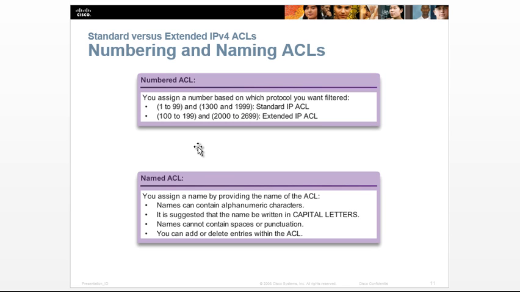Your numbers are important because the first line that the traffic matches is the action that is taken. For example, if line 100 says permit port 80 on some IP, and line 101 says deny port 80 on that IP, you're allowing that traffic through on port 80 because line 100 is reached before the other one.